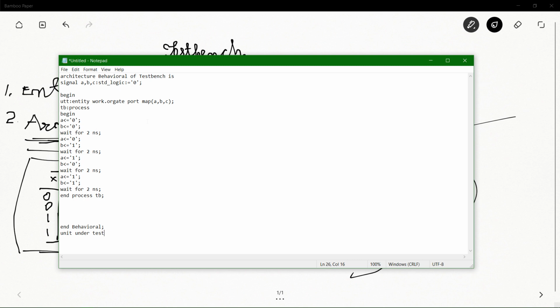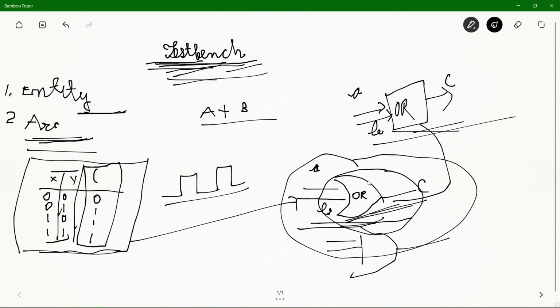Suppose I have already named my program in the entity part to be orgate, right? Suppose while I was making this diagram, I named this diagram OR gate in my entity portion.